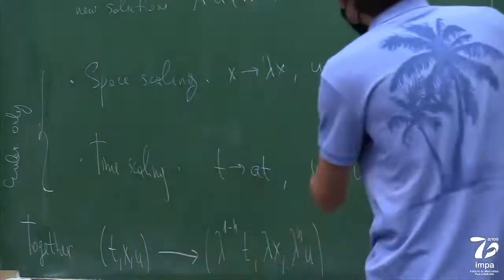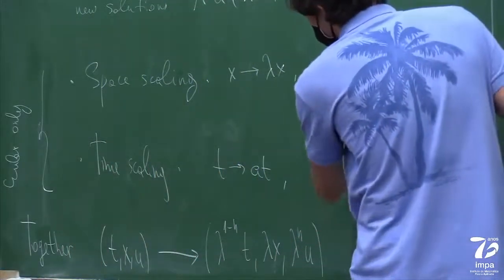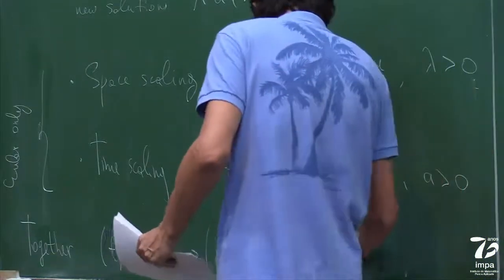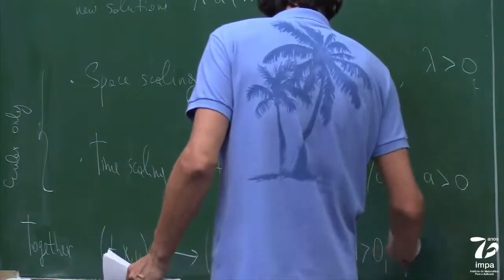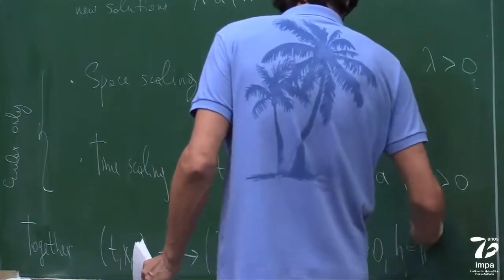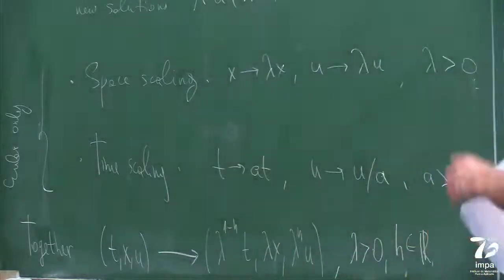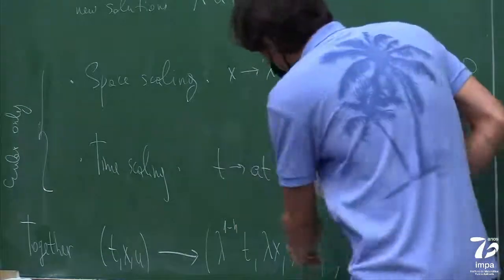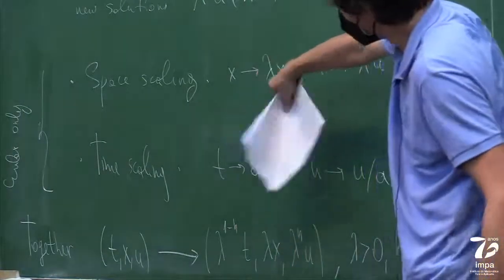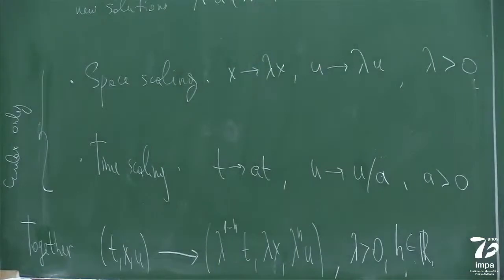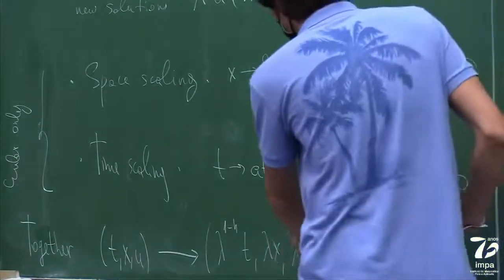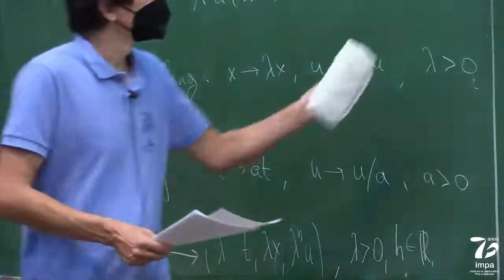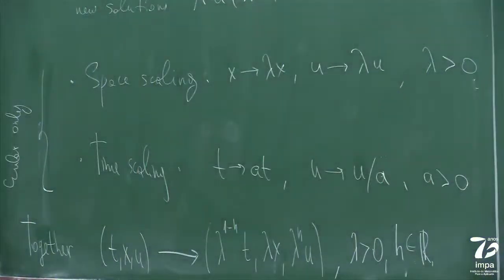You can see that from these two scalings, you can always compose a scaling of this form. This is for any positive lambda and any real h. The reason why in turbulence it's popular to write it in this form has to do with some scalings that we will have. But essentially, it's a combination of the two. So now for Navier-Stokes.